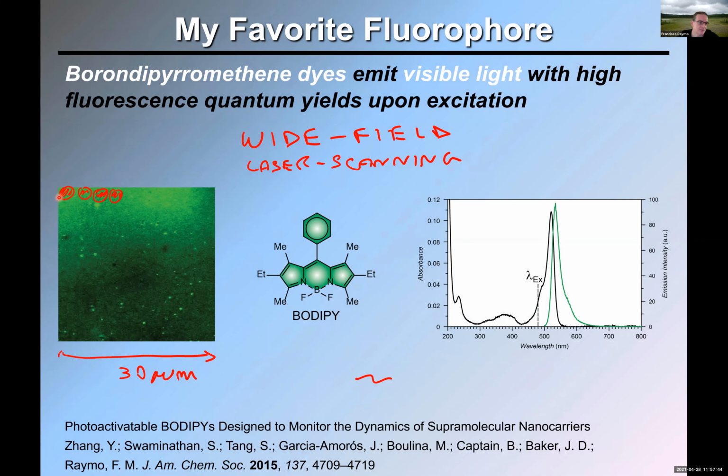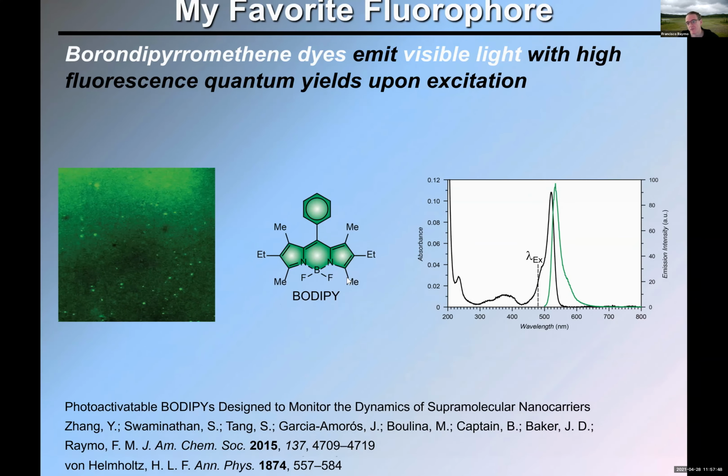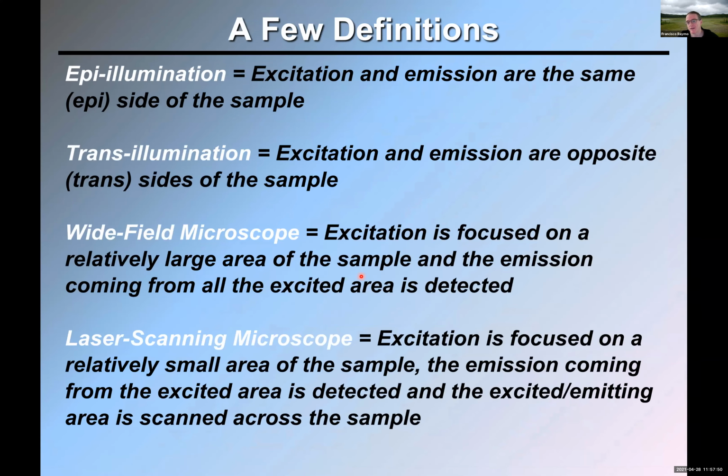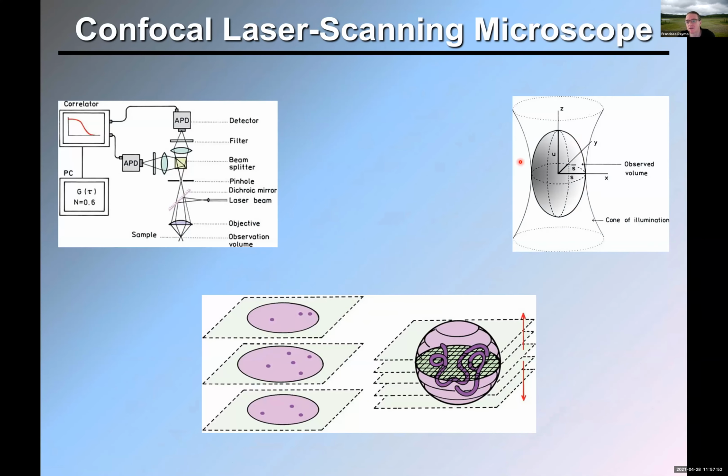So the shape of the observed volume is more like an egg, which is what we have here. So this one over here, okay. So this would be the plane where the light is focused, but above and below you also have fluorescence, and the volume that is observed has the shape of an ellipsoid, okay?